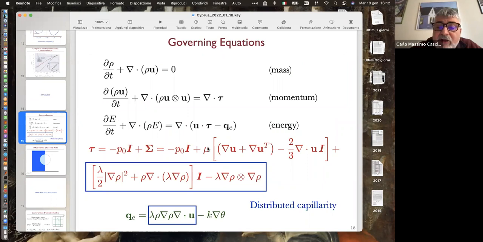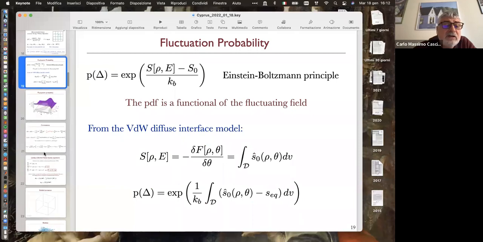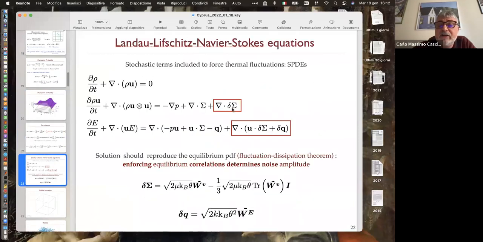So the noise over there, where was the equation with the noise? The noise over there starts to force the momentum and the energy equation. As a consequence, the density starts to fluctuate, and you produce local variations of density.